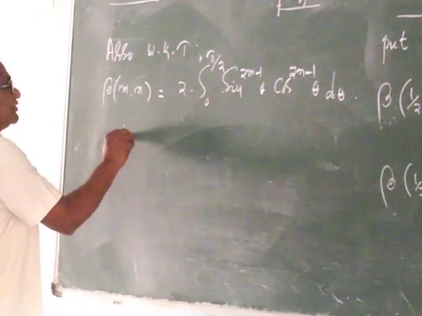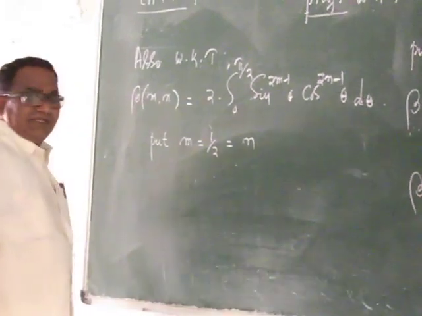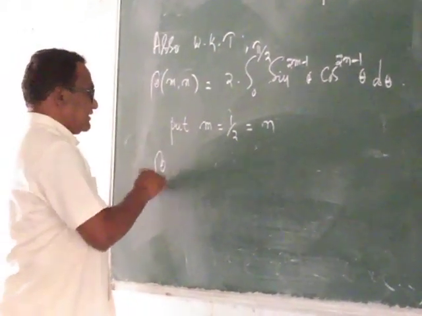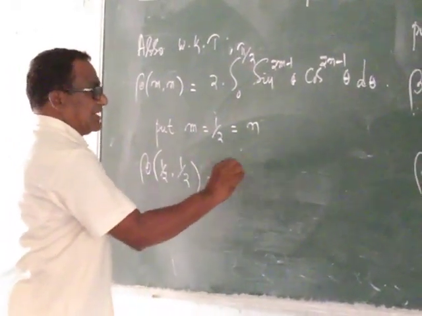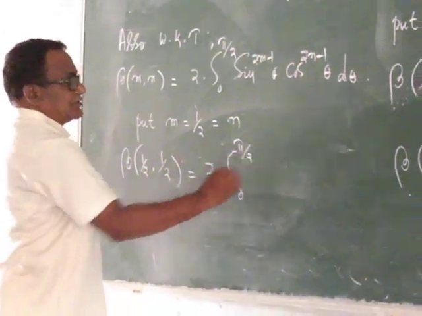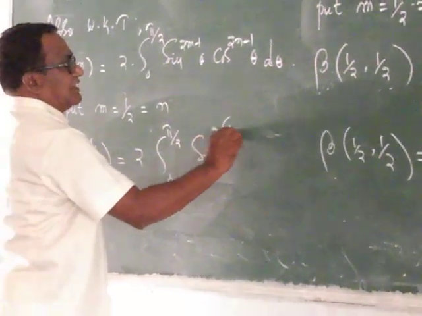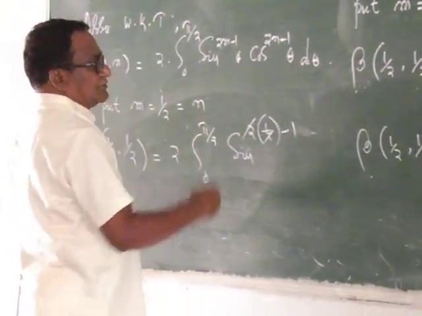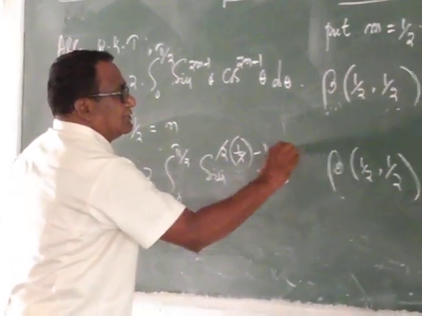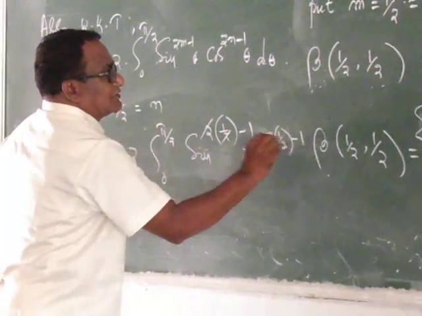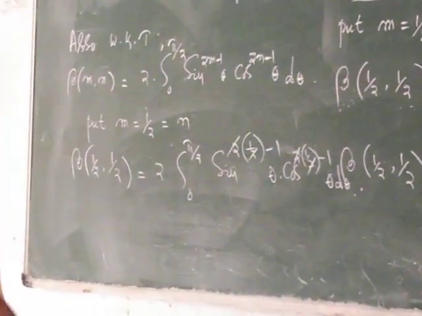Here also you make use of this substitution. Put m is equal to half and n is equal to half. Then what we get here? Beta half comma half is equal to 2 times the integral from 0 to pi by 2 of sin to the power 2 into (half minus 1) theta, into cos to the power 2 into (half minus 1) theta d theta.